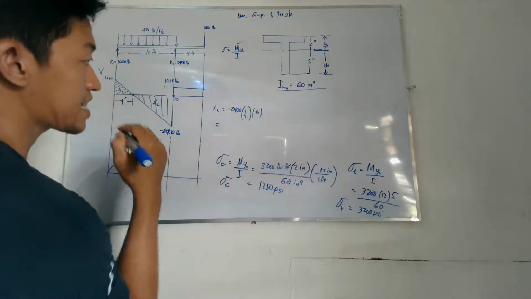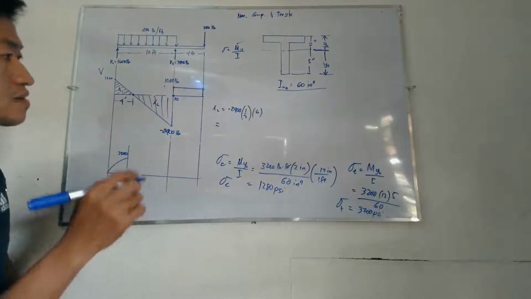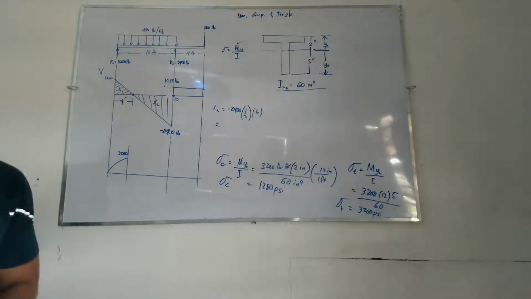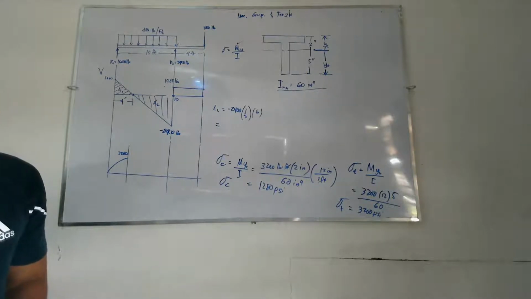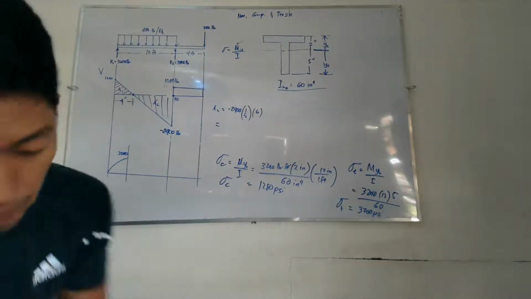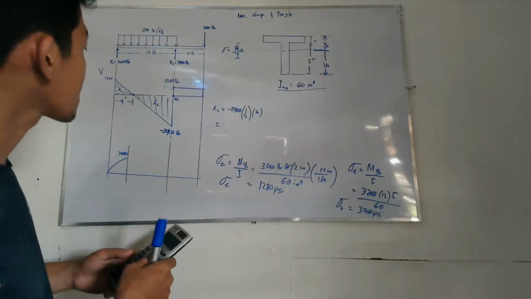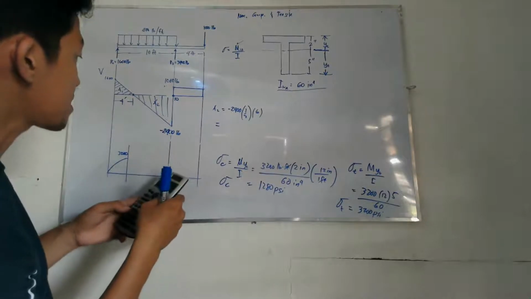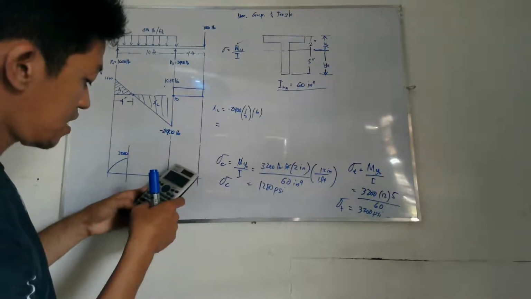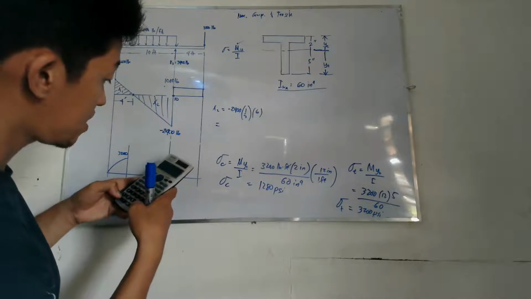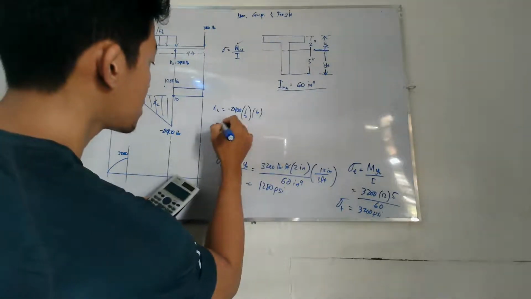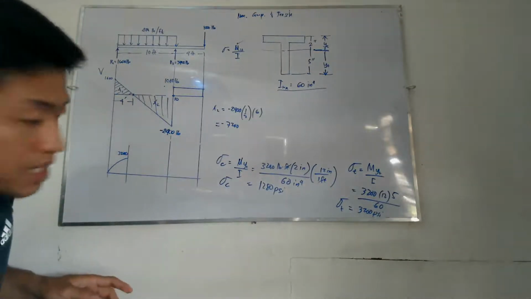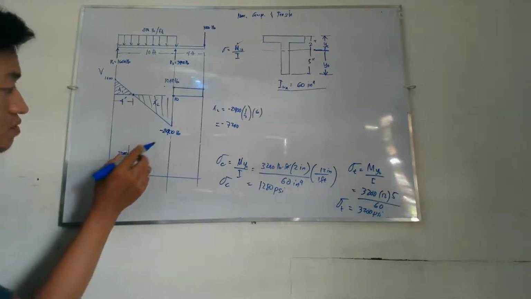So may maning 3, 1/2 base height. 3 times 2,400 is 7,200. Negative 7,200.